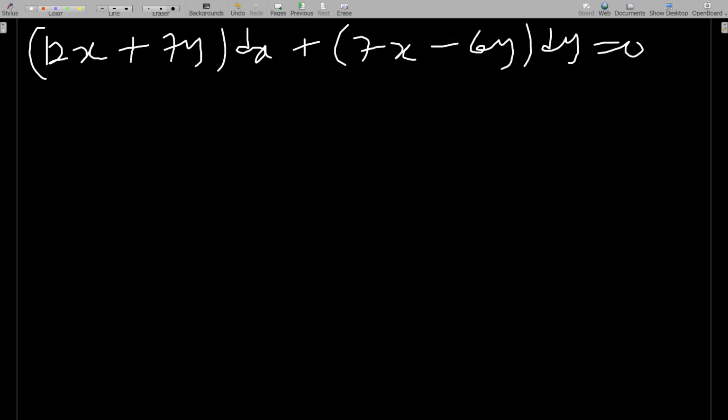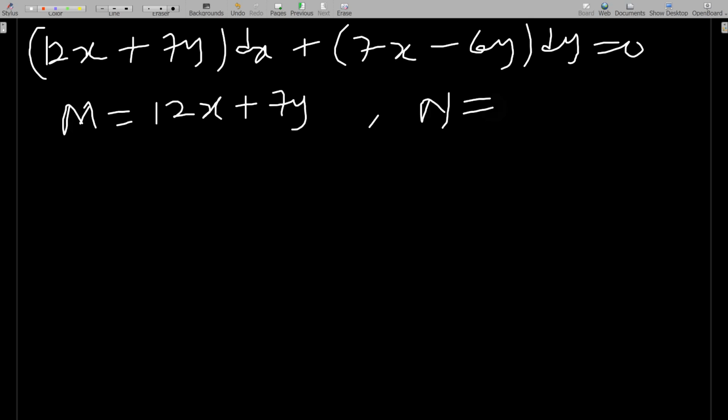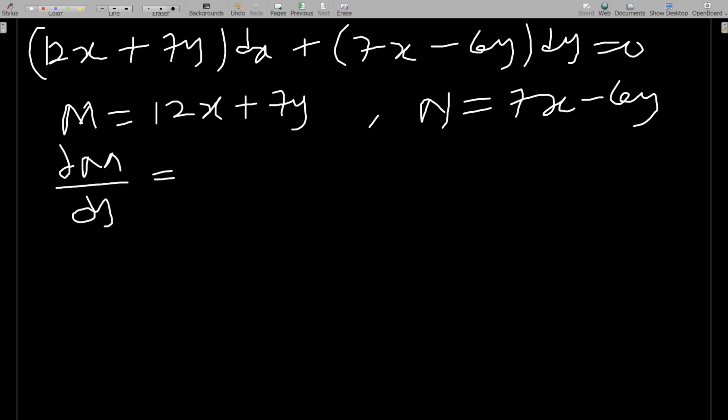So M is equal to 12x + 7y, and N is equal to 7x - 6y. I have to check for exactness. Del M del y is equal to 7, and del N del x is equal to 7. Since these two are the same, we have an exact differential equation.